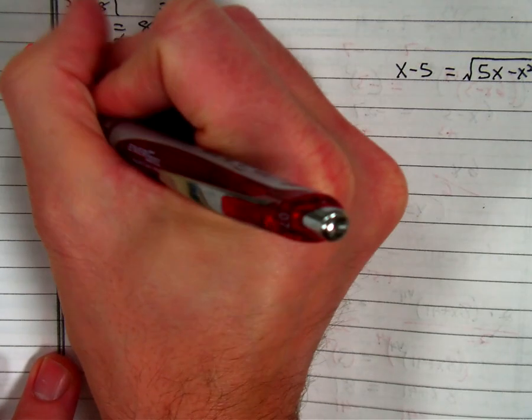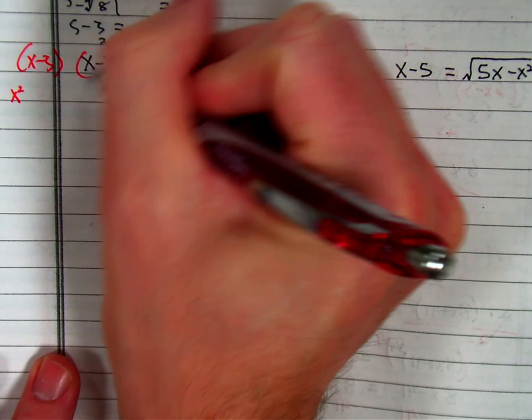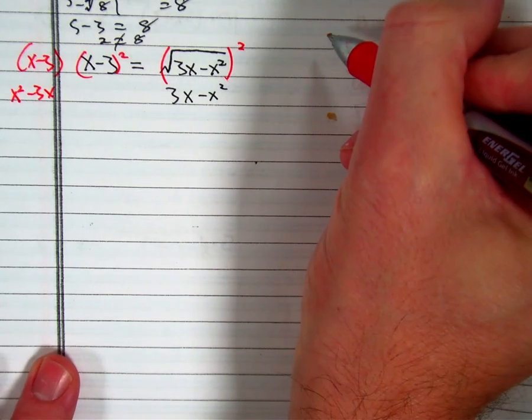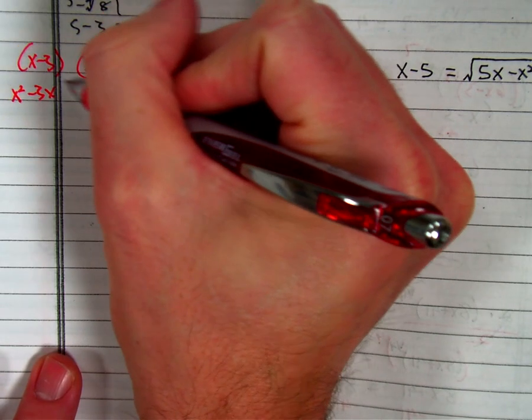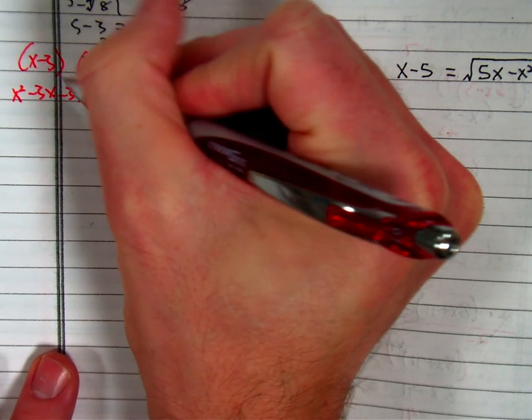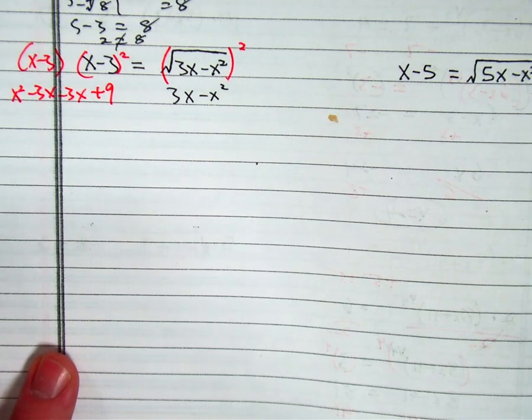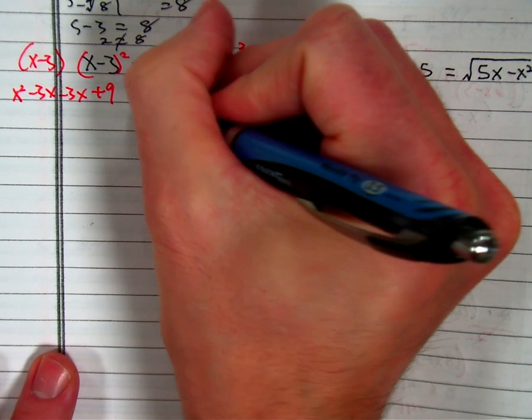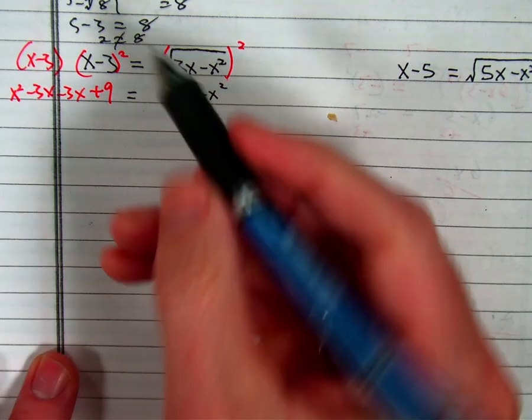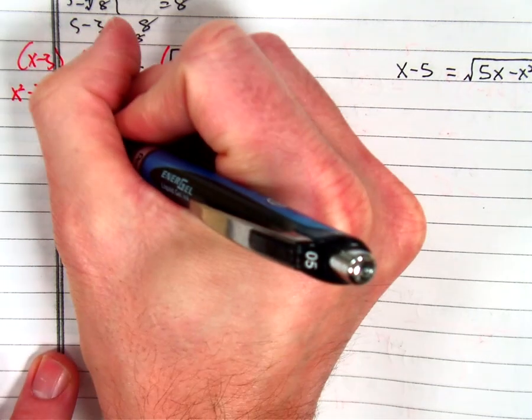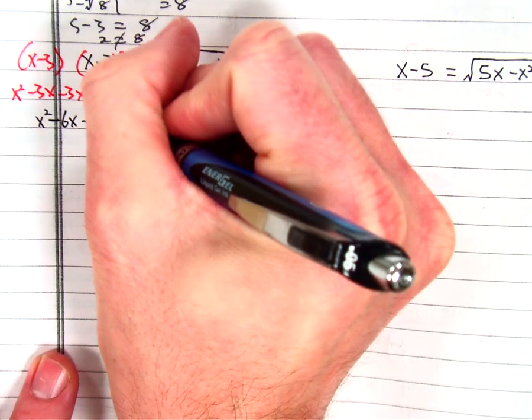X times x, we got x squared. X times minus 3, we got minus 3x. Here we have another minus 3x. And negative 3 times negative 3 is a plus 9. Alright, let's put those together. X squared minus 6x plus 9.